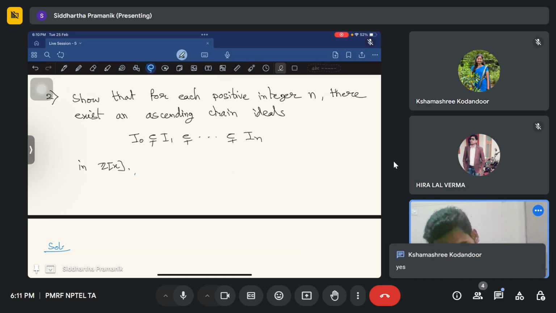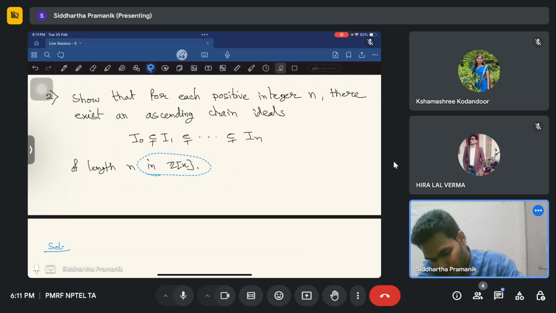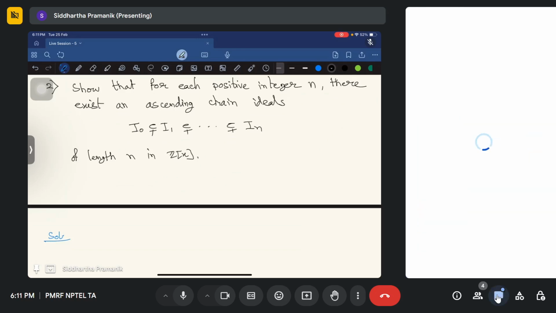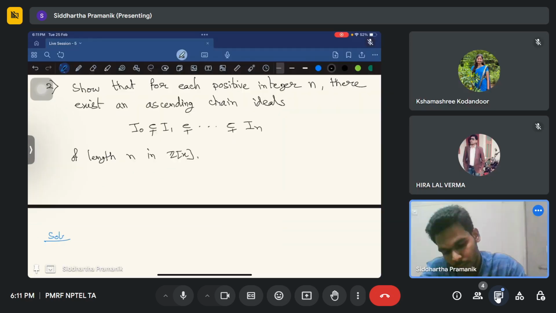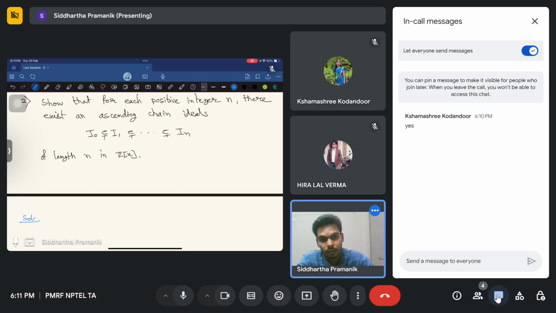Let me write it as ideals of length n in Z[x].